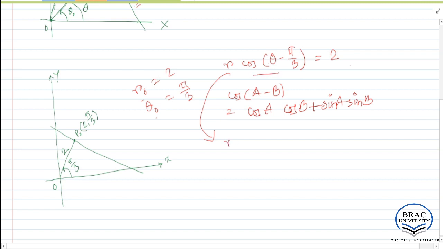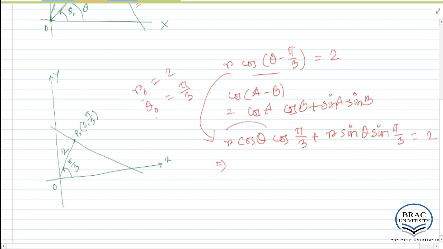So let us write it down. r cosine of theta into cosine of pi by 3 plus r sine of theta into sine of pi by 3 equals 2.